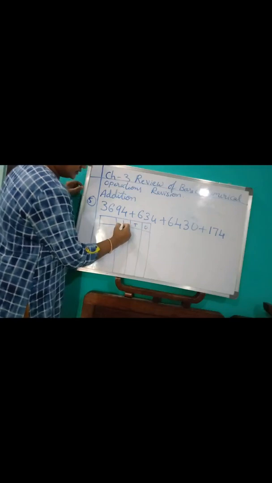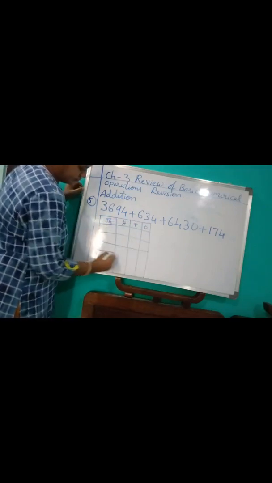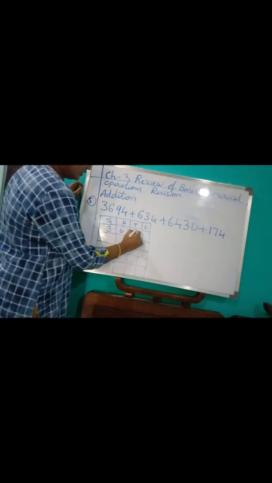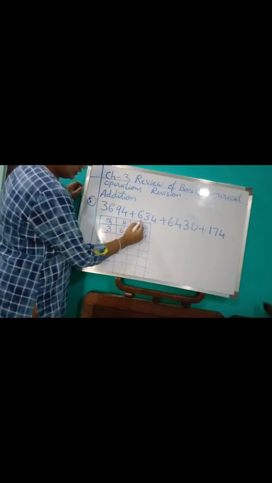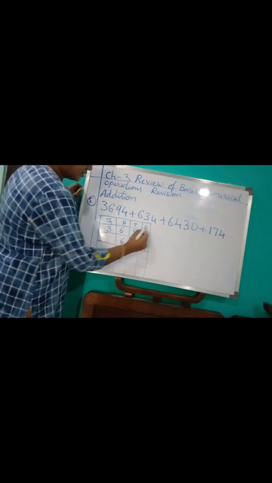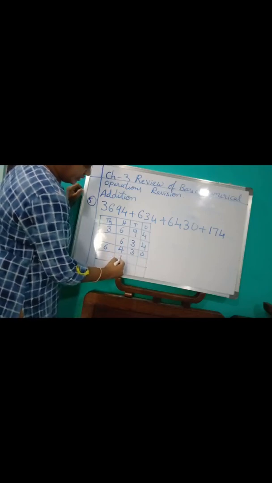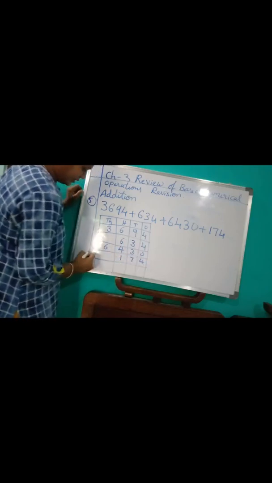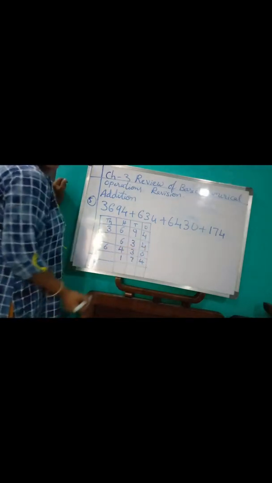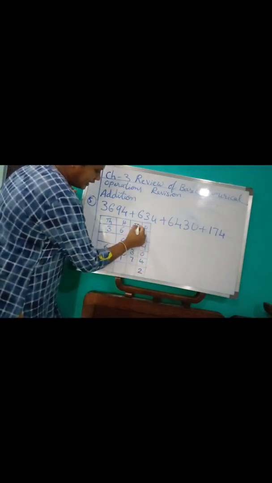Ones, tens, hundreds, thousands. See, 3,694, 634, 6,430, 174. Addition you should do. Yes, 4 plus 4, 8. 8 plus 0, 8. 8 plus 4, 12. 2 here, 1 carry forward.